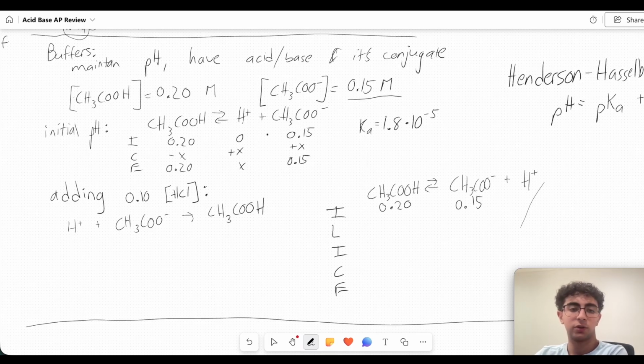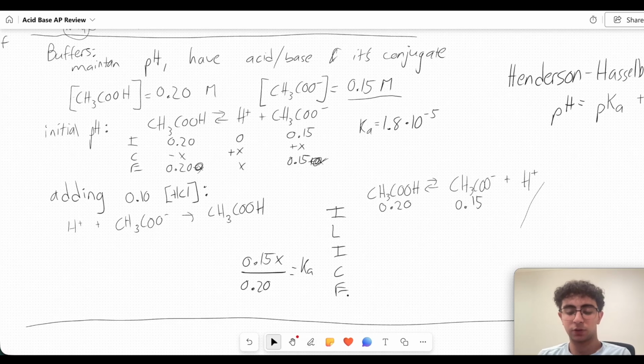So these are our initials, minus x, plus x, plus x. Our minus x's and our plus x's go away by the 5% rule because our K value is 10 to the negative 5. So setting up our equilibrium, it'll be 0.15 times x over 0.20 equals our Ka value.